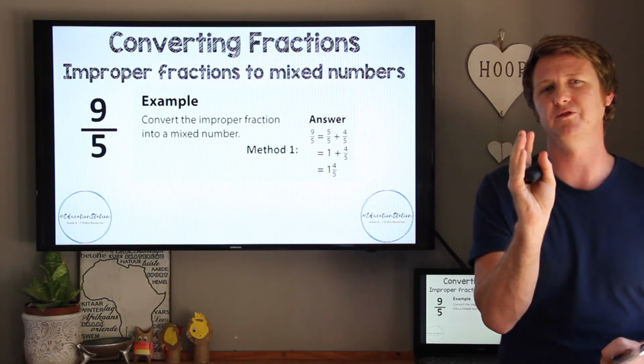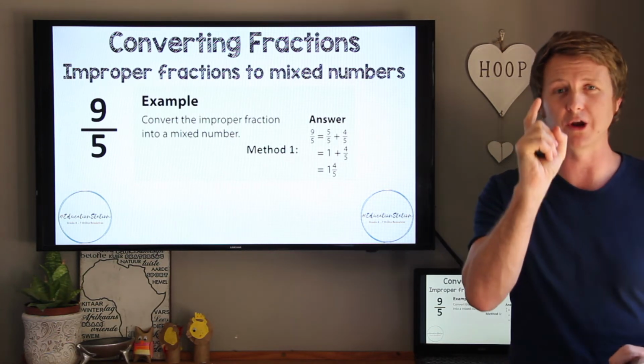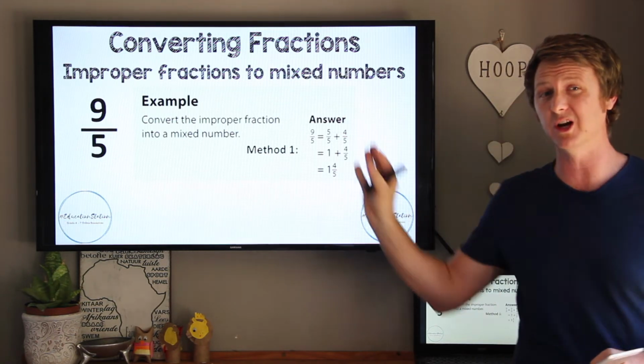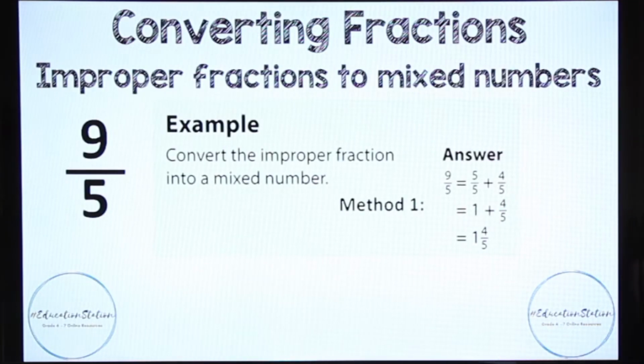So we're first going to look at the first method, and in this method I want you to notice that they are trying to figure out how many equal parts equal one whole. If you've got 9/5, I'm going to explain it on the next slide, this is just an overview. I'm going to see how many times 5 goes into 9, so you need to ask yourself, what fraction am I working with?